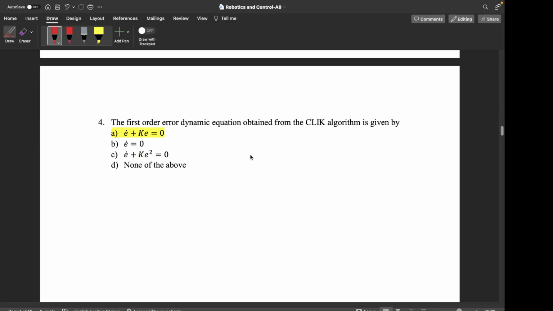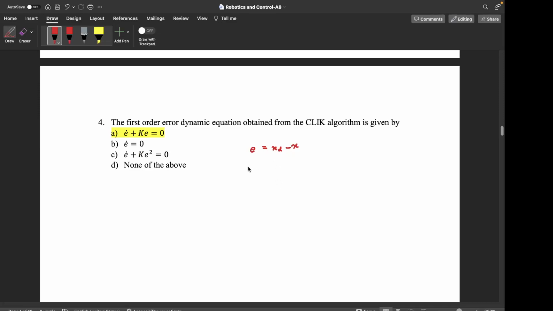Basically we don't want to compute individual joint angles. So E we define as xd minus x. That's again the desired motion of the end effector and the actual motion of the end effector, right?